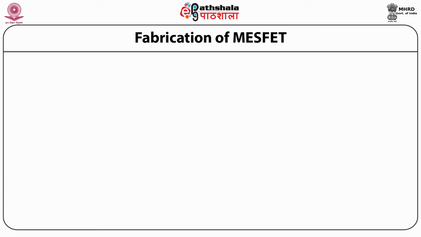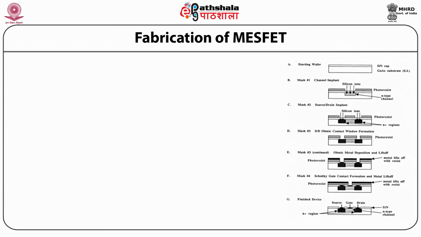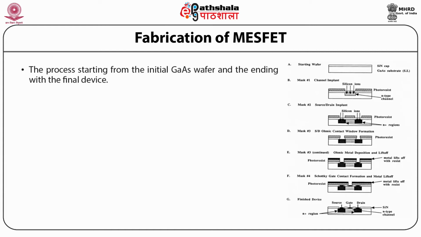So students, the figure on the right hand side shows the process steps used for the fabrication of a MESFET. This figure summarizes the processes starting from the initial gallium arsenide wafer and ending with the final device.